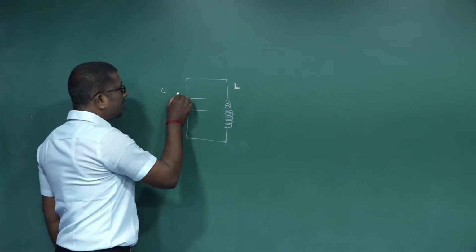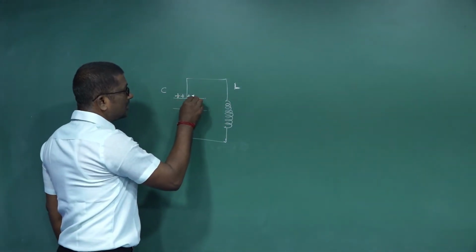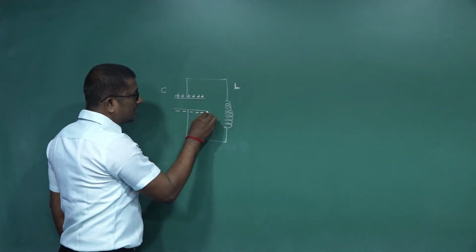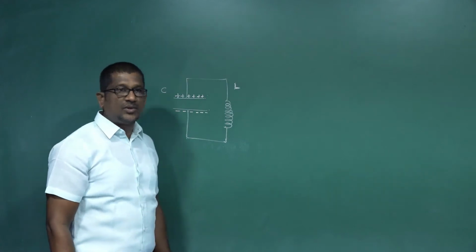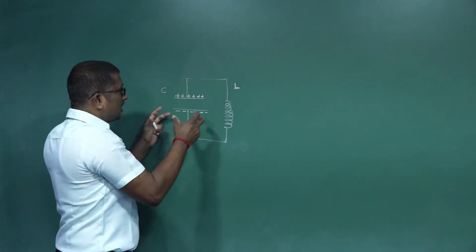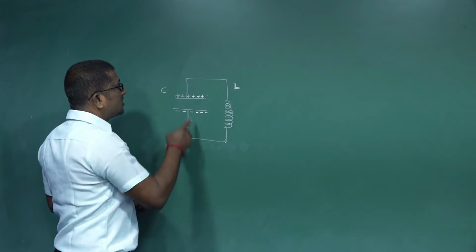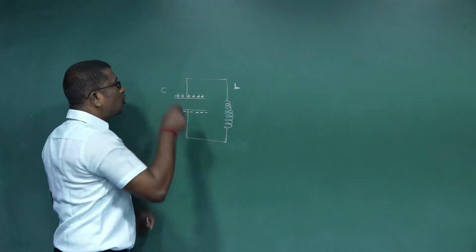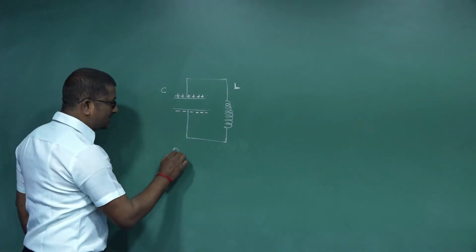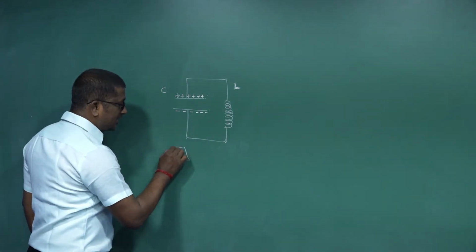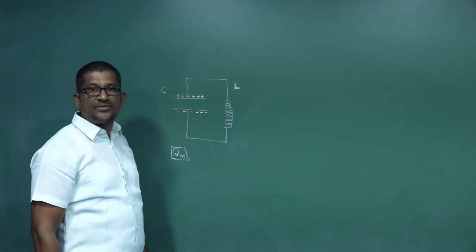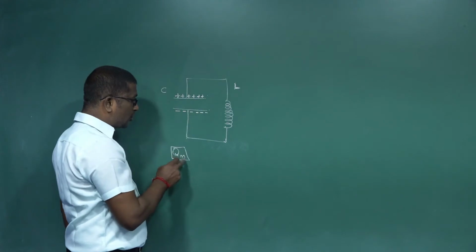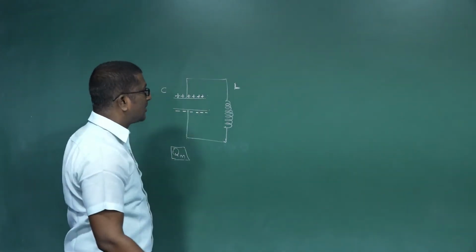Here, a completely charged capacitor is connected to an inductor. So the total charge in the capacitor is maximum. Suppose the maximum charge in the capacitor is denoted by Q_M.